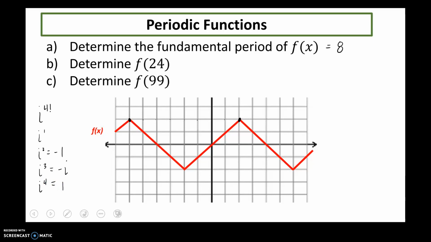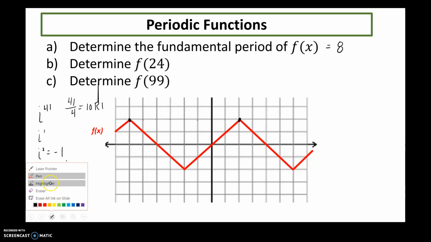So when we simplified something higher than an exponent of 4, we took the exponent, divided it by 4, because that's how long it took to repeat, and we said this goes in 10 times with a remainder of 1. That very important remainder is exactly how we were able to simplify i to the 41st power. It became i to the 41st was equivalent to i to the first power, and i to the first power was just simply i.